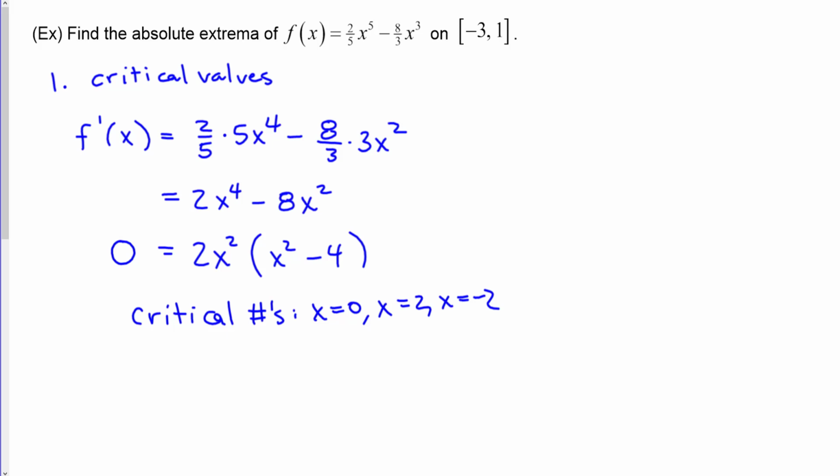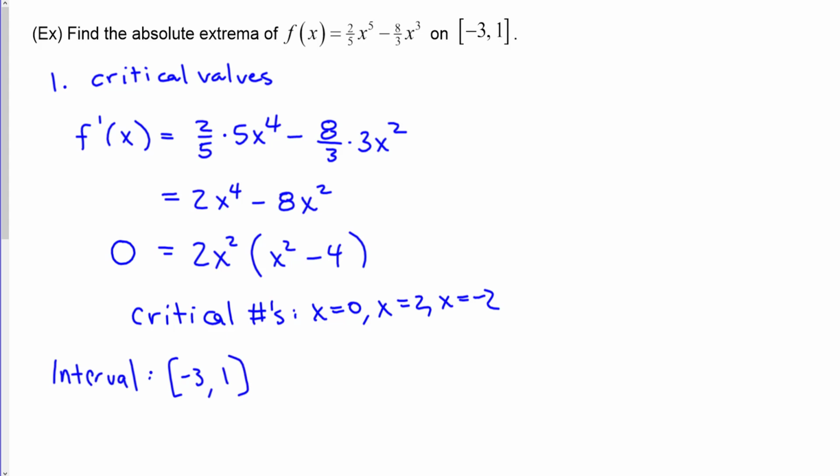Now, the next thing that I want to check is making sure all of these values appear on my interval. So my interval is from -3 to +1.